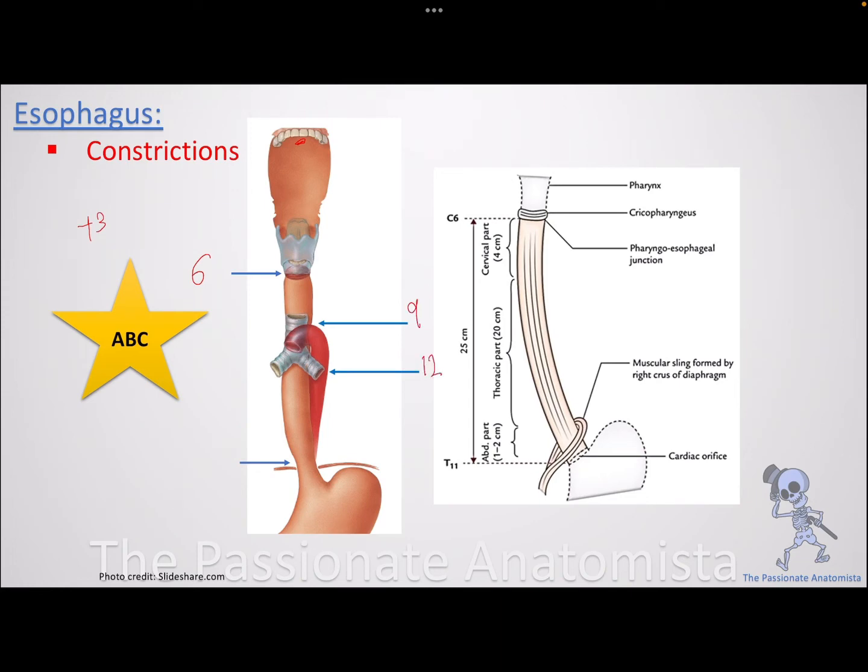Add 3, it gives you 12, and then add 3, it gives you 15. But to be honest, we have to make this minus 1, so actually this is 11. So the constrictions of the esophagus, starting from the incisors: 6 inches for the pharyngoesophageal junction, 9 inches for the aorta, 11 inches for the left main bronchus, and 15 inches for the cardioesophageal junction.